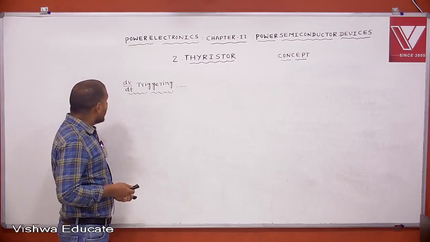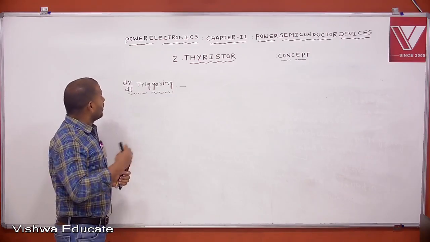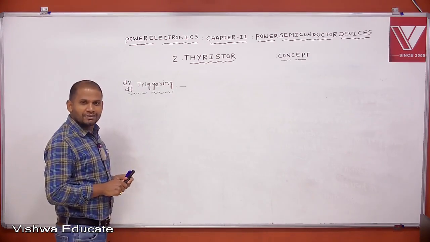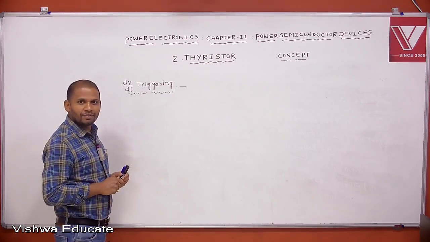The idea behind dV by dt triggering is how it exists in an SCR.